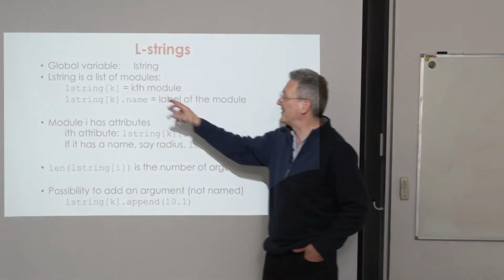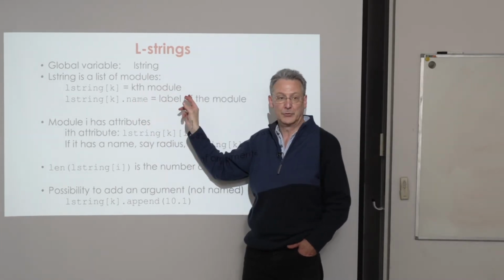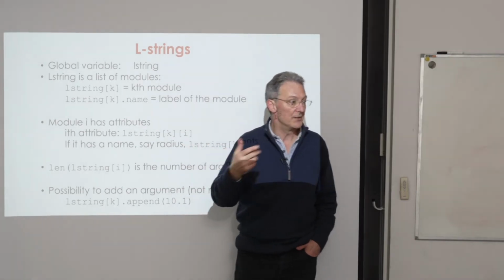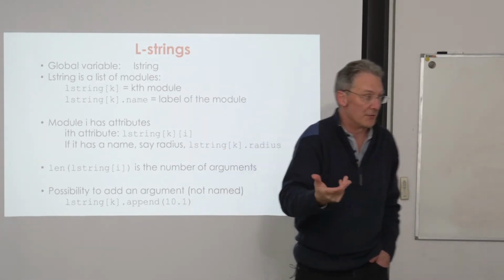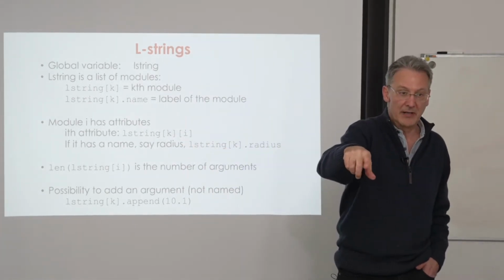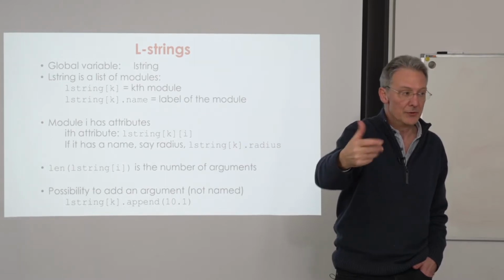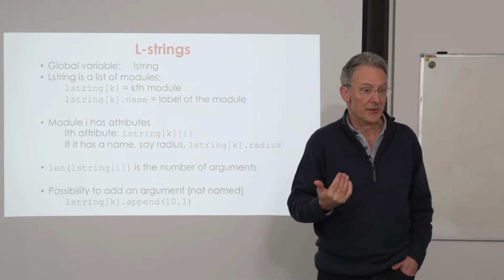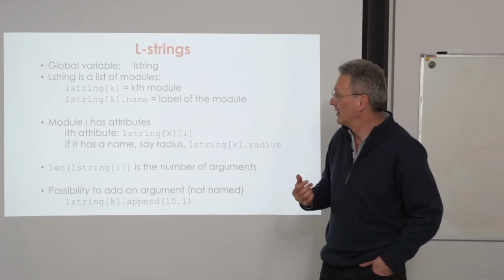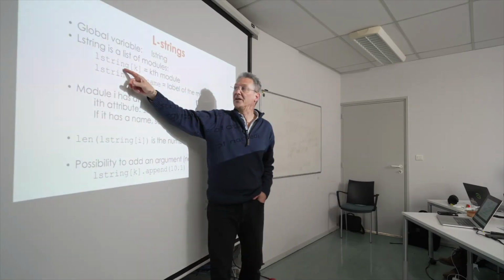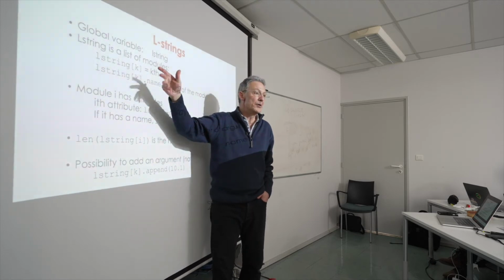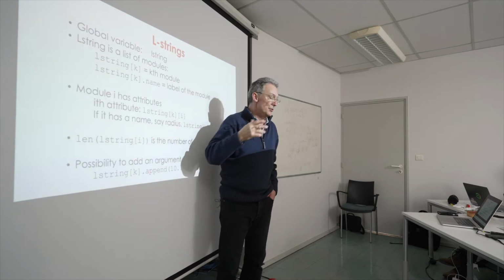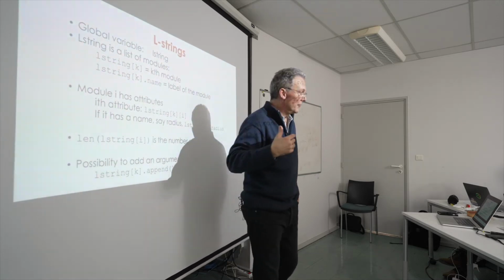So if I want to access the kth module, there is a global variable that contains the lstring, and it's called lstring. So you can type at any moment of your simulation lstring, and you will see the current stage of the lstring. So if you type lstring of 0 or lstring of k, you would get the kth module of the lstring.